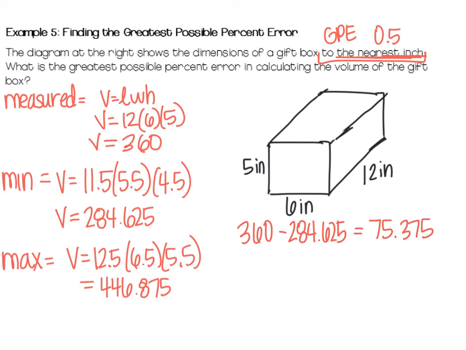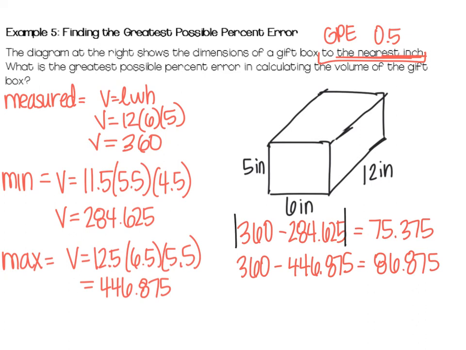Then I'll take actual volume minus maximum volume, 446.875, and I get 86.875.